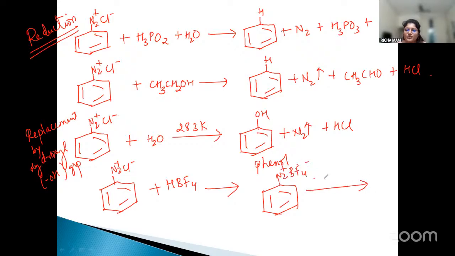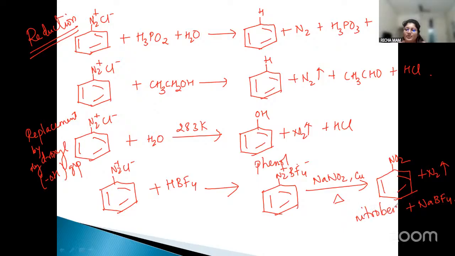Further treat it with sodium nitrite, NaNO2, in the presence of copper, and heat it. I am going to get nitrobenzene plus N2 gas plus NaBF4. Like this, we are replacing the diazo group by the nitro group.